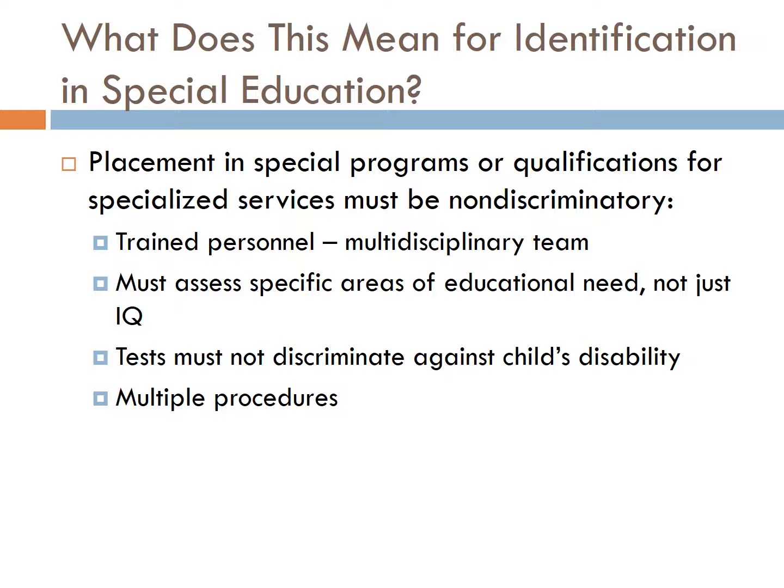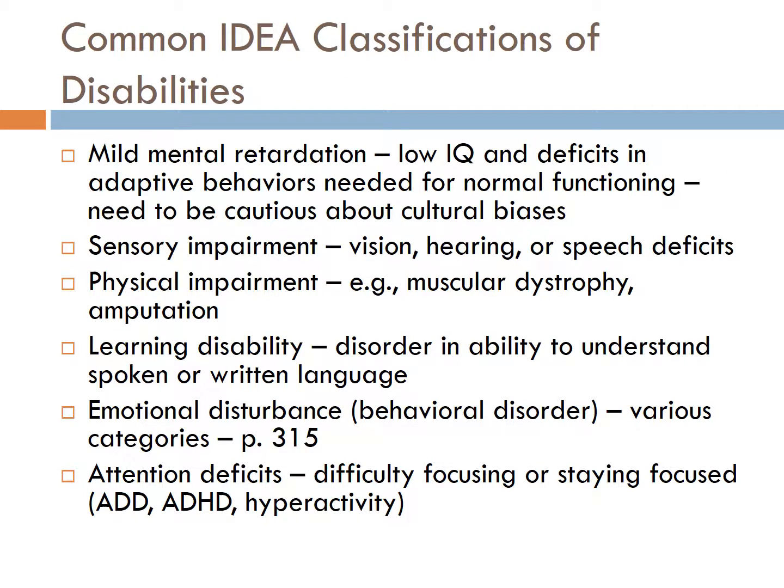So you can't give a test, a heavy written test, for example, to a student that has a heavy reading disability. And finally, there must be multiple procedures or forms of identification. That means you have to be able to give multiple assessments, checklists, screenings, other types of tests or measurements to accurately diagnose what's going on with the student.